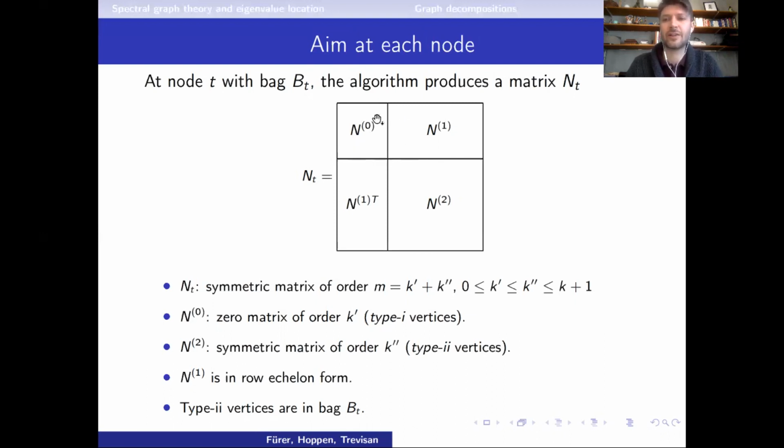So they're waiting here until they can be diagonalized. And an important feature is that the number of rows and columns here is always less than or equal to those, and that's why we are keeping row echelon form here. And therefore, this matrix has size bounded by 2 times k plus 1, where k is the treewidth.